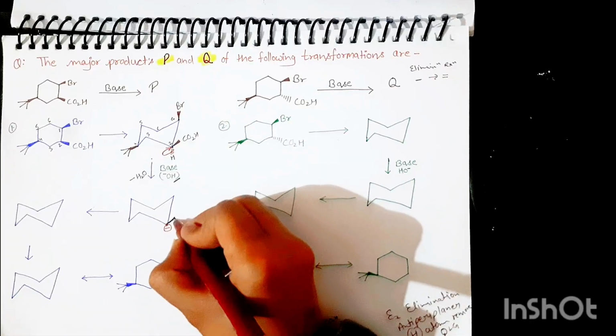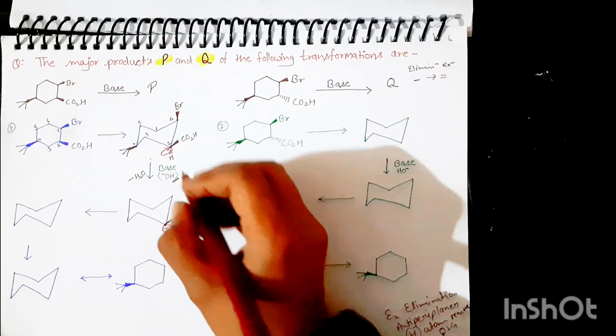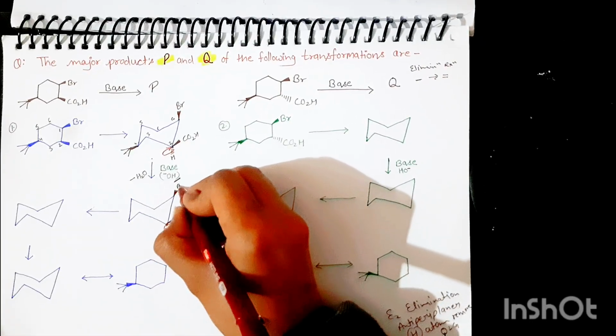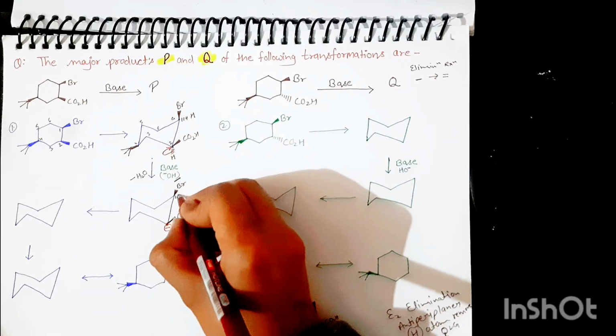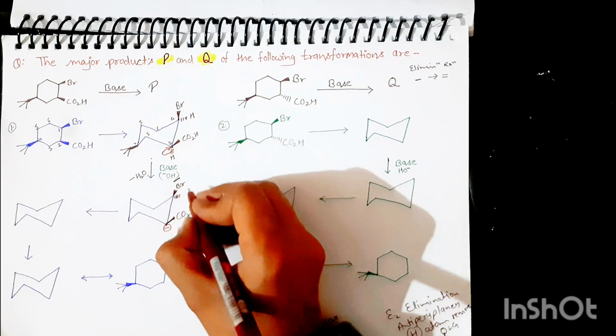We draw the same here: bromine at the dash position, and one hydrogen at the equatorial position.